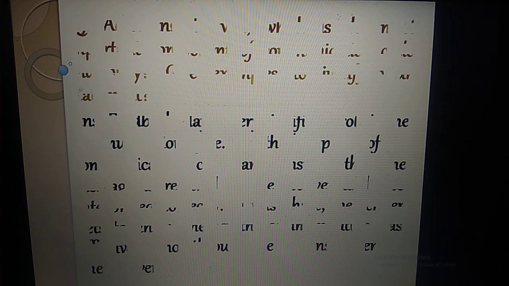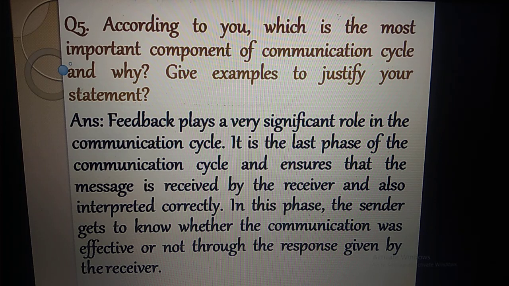Okay, so these are the 5 factors which influence the effectiveness of communication. Next question, question number 5, according to you, which is the most important component of communication cycle and why? Give example to justify your statement. As in my knowledge, feedback is the most important part of communication. Why?